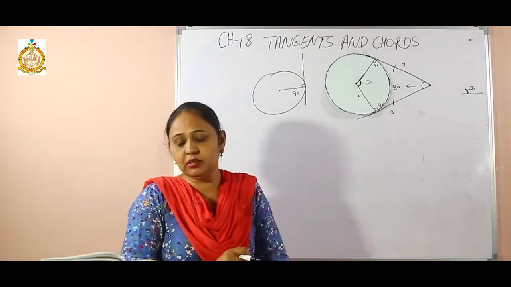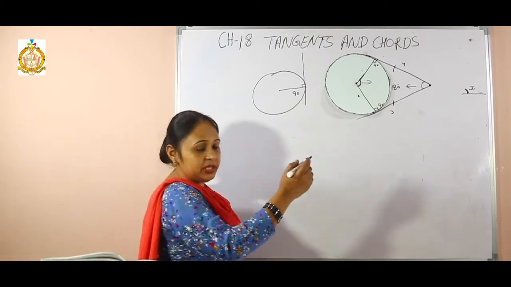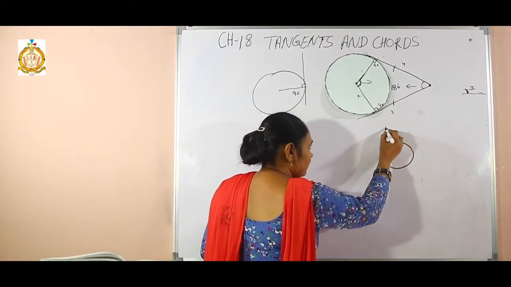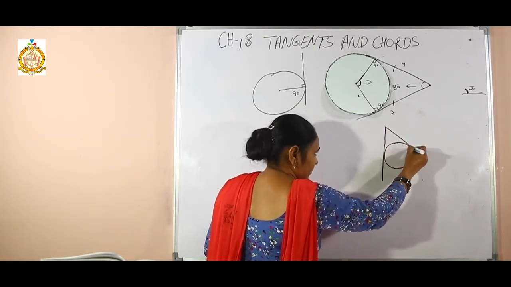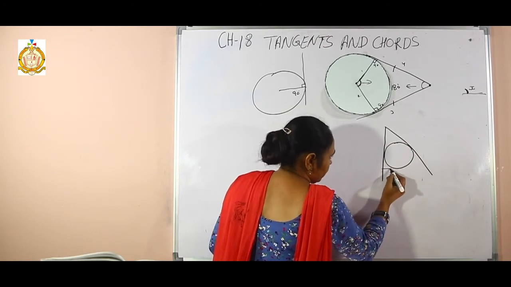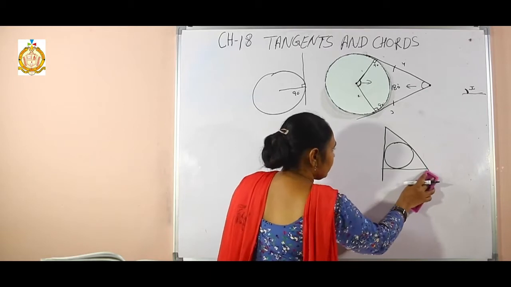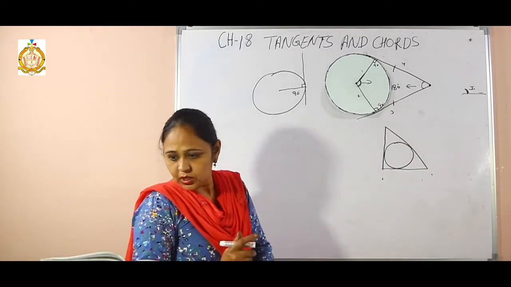Next, sum number 16, where we have to find the value of x. Now, in this figure, there is a given inscribed circle, and a triangle given like this one.